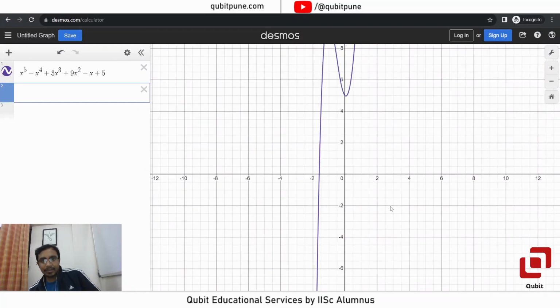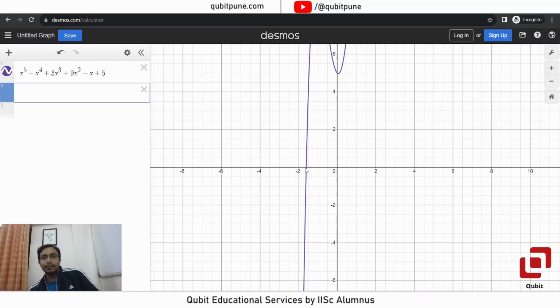Okay, so this has only one negative root.